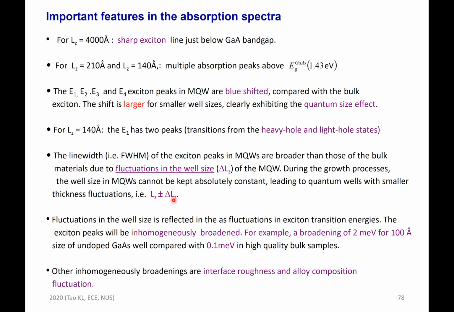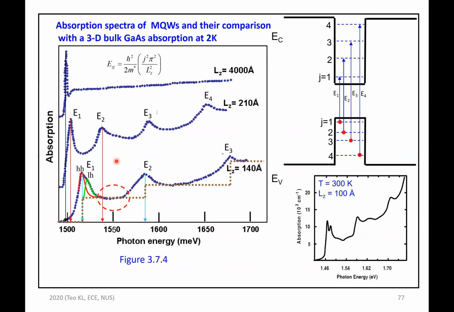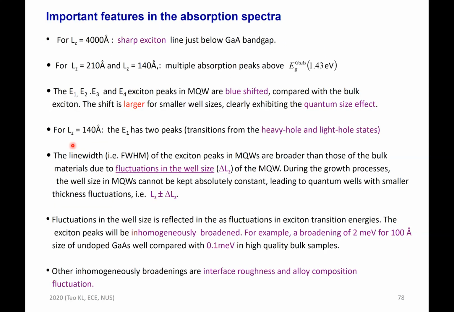And this fluctuation in the well size will be reflected as a broadening in the line width. So you will not expect a sharp peak, but due to this broadening effect from the well size fluctuation. Another broadening effect could be due to the interface roughness.